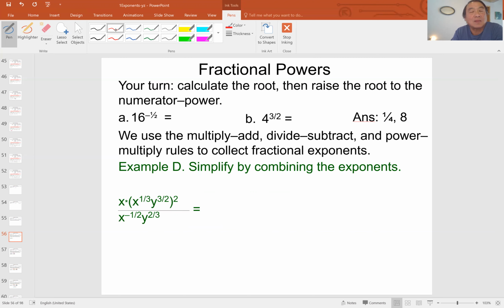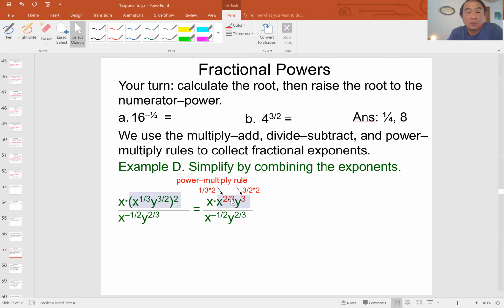No, that's not what the problem is asking. The problem asks you to just collect the exponents using the rules we have before. So the first one we see is a power to a power, so we multiply the powers. I will resolve the parentheses power as x to the 2/3, multiply the exponents in y to the 3rd power.